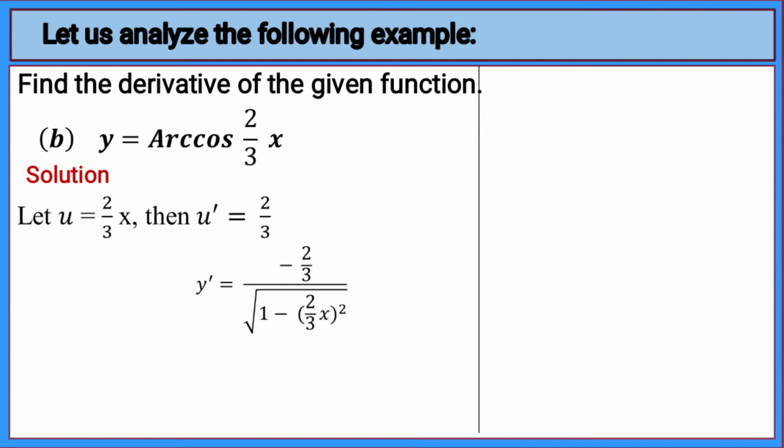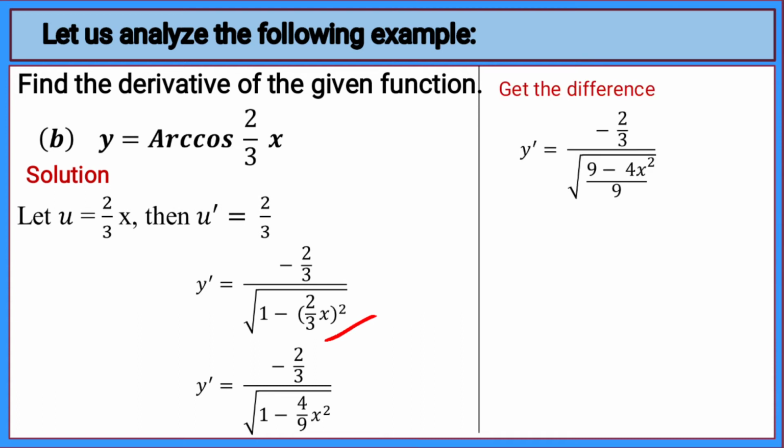So first we're just going to solve for this. We have y prime is equal to negative 2/3 over the square root of 1 minus 4/9 x squared. And the next thing that we're going to do is we need to get the difference of those terms inside the radical in the denominator.